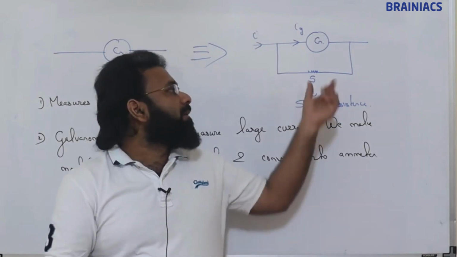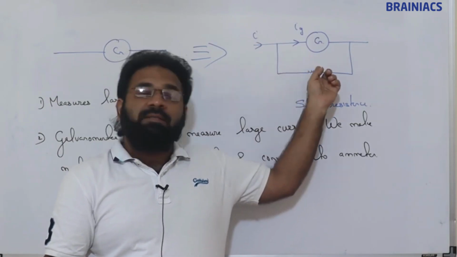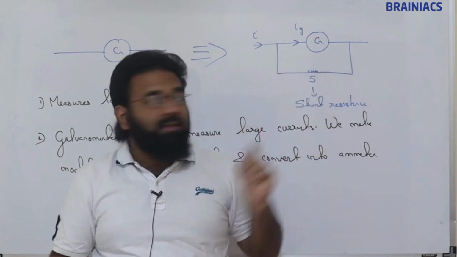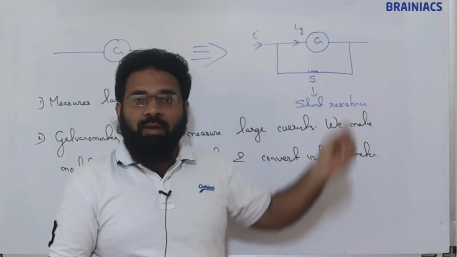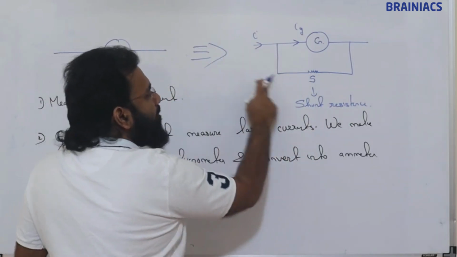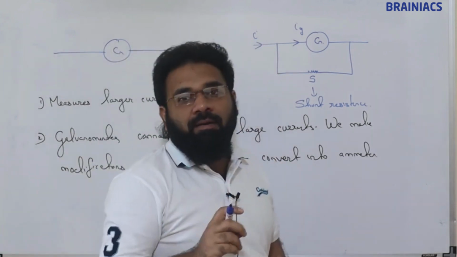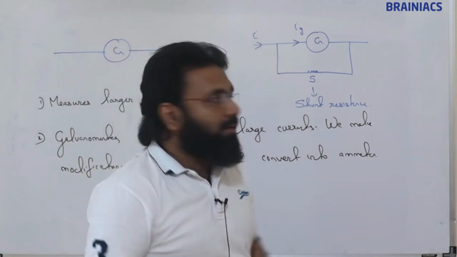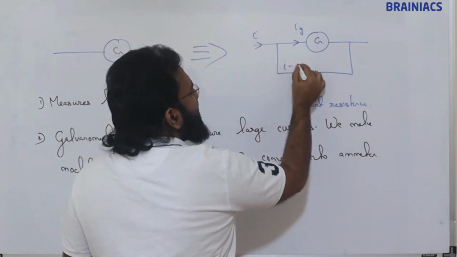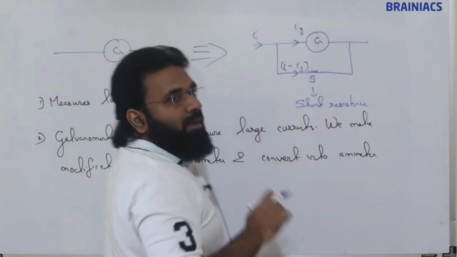This shunt resistance will be of very small value. When this resistance is very small, the majority of the current which is coming will pass through this. If Ig is the maximum current a galvanometer can bear, then through this resistance all the remaining current, that is I minus Ig, will be passing.